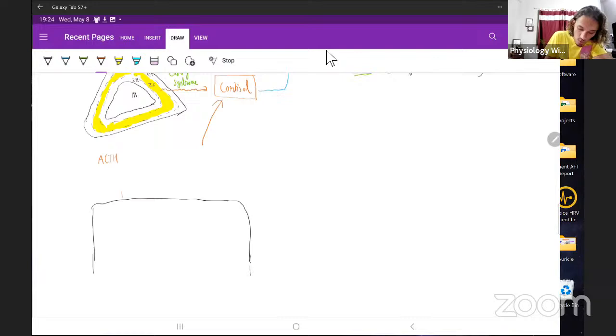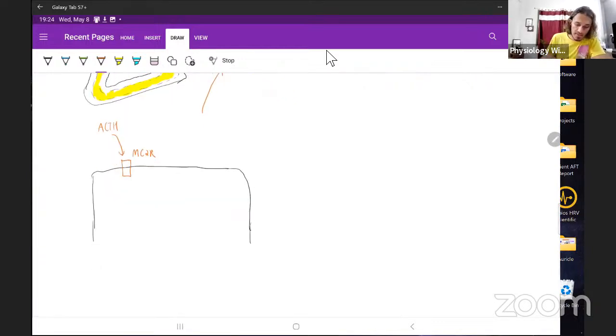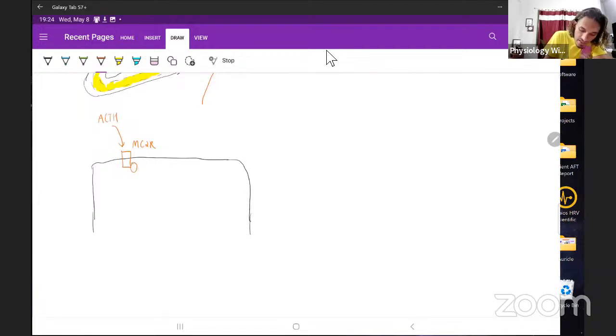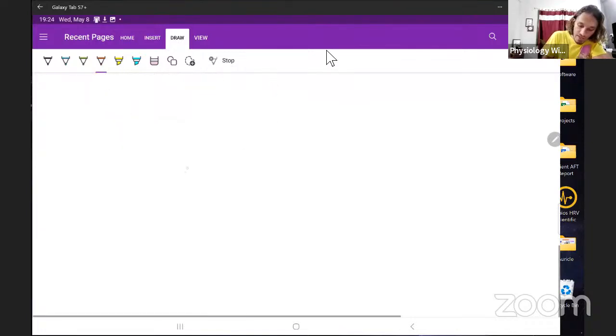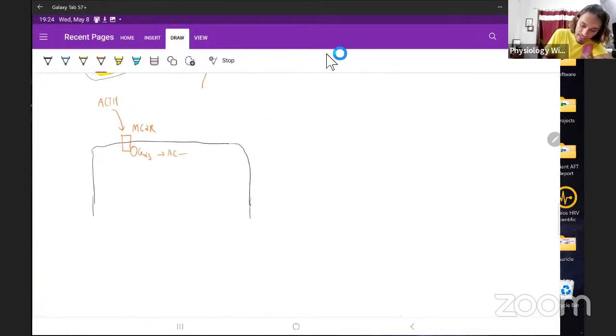This ACTH goes and acts on your melanocortin 2 receptors. This is also a type of G protein coupled receptors and it is associated with G alpha S. G alpha S, what does it do? It activates adenylyl cyclase, which increases your cyclic AMP, and that stimulates protein kinase A.